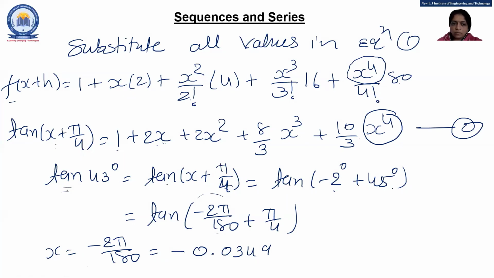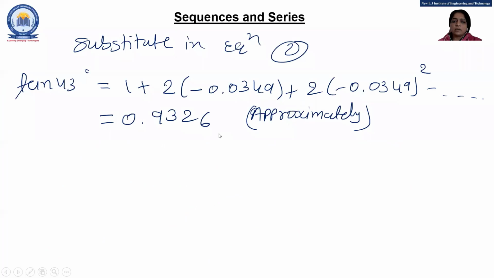And for tan 43 degree, compare this 45 degree minus 2 degree, and the value of this 2 degree is 0.0349. So substitute this value in this equation 2 and we'll get the answer of tan 43 degree, right?